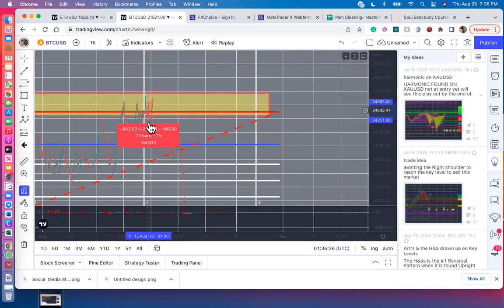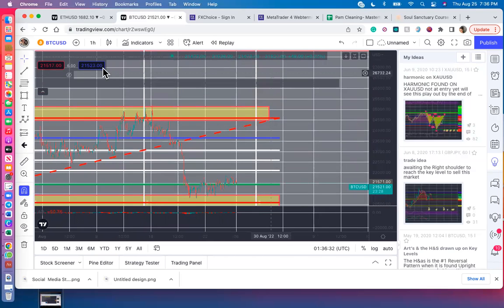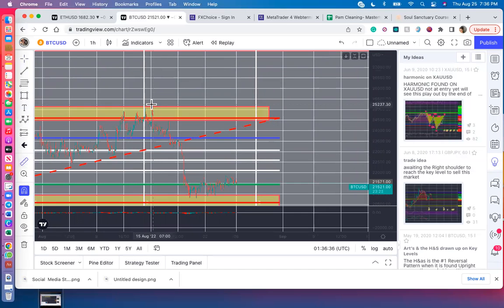Just at this little drop here. Now, if you had waited, 4,179 pips just for that drop, right? That was a nice drop.